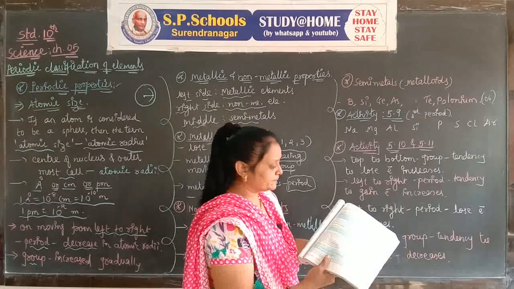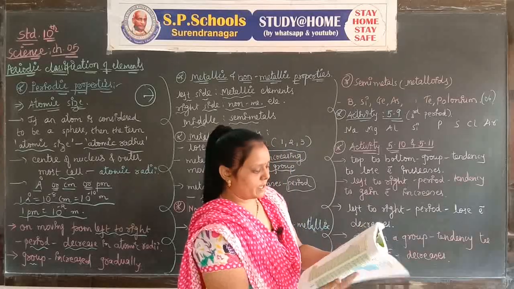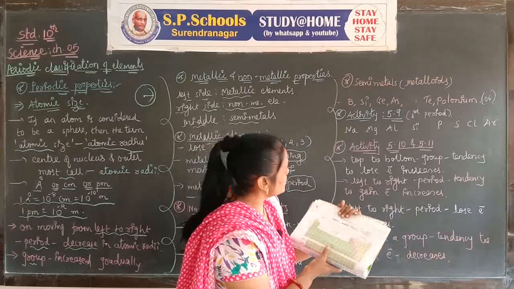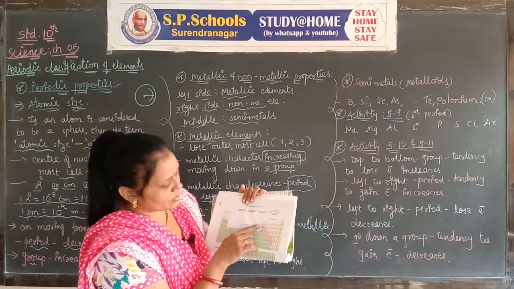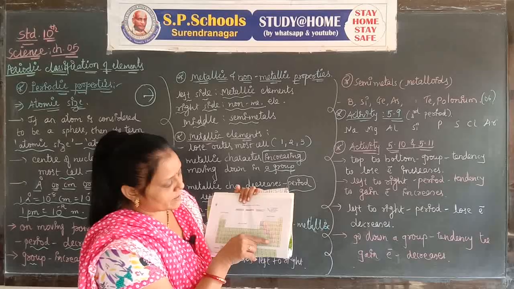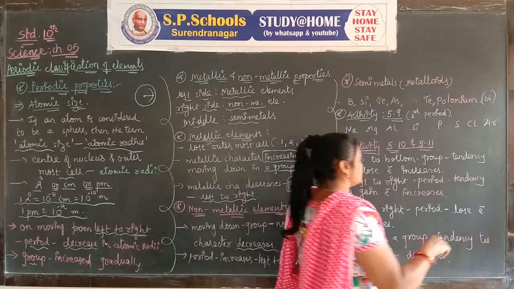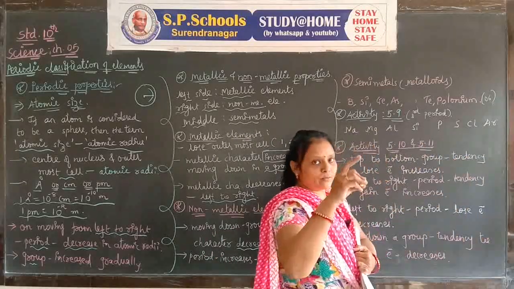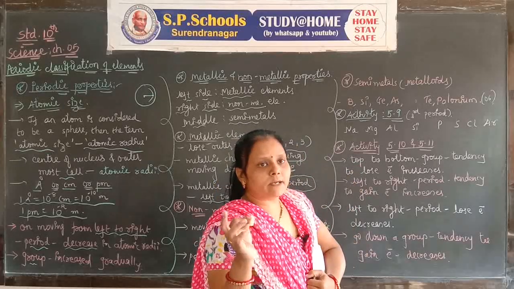Let's see the periodic table again. Here we see silicon. Boron, silicon, germanium, arsenic, tellurium and polonium are the semi-metals. So silicon will be a semi-metal. In the modern periodic table, semi-metals are arranged in the middle.